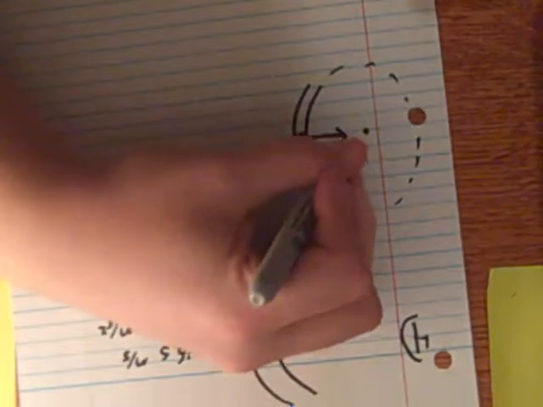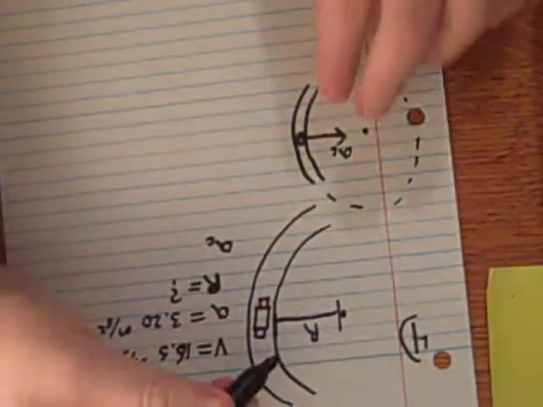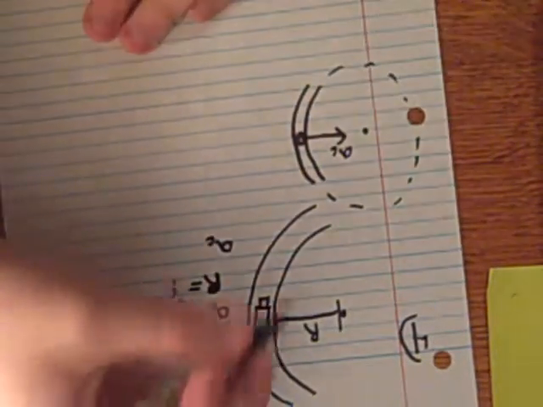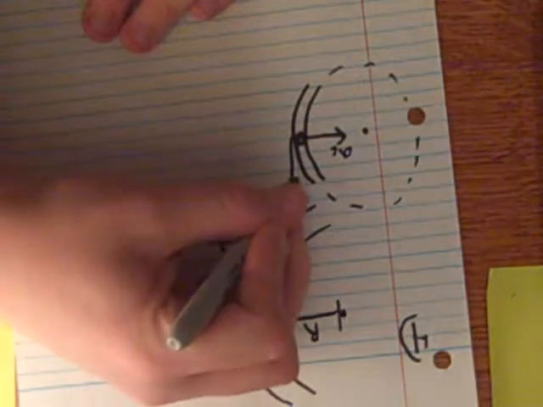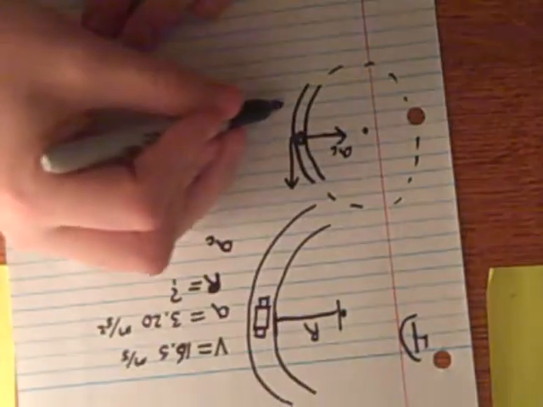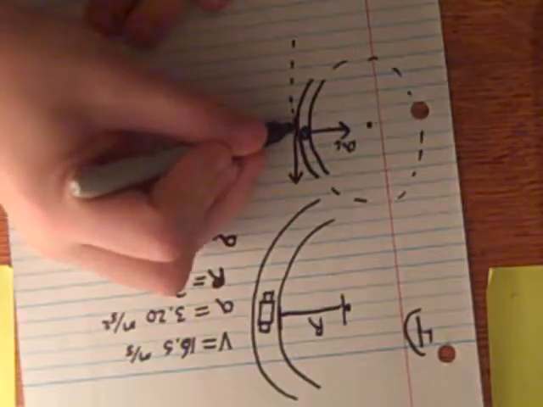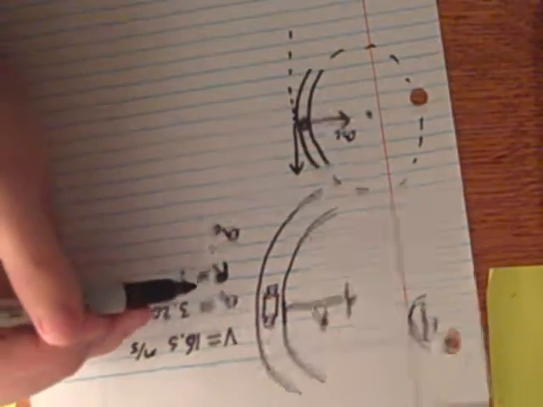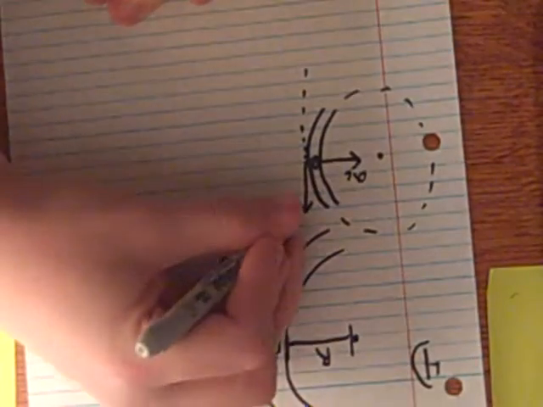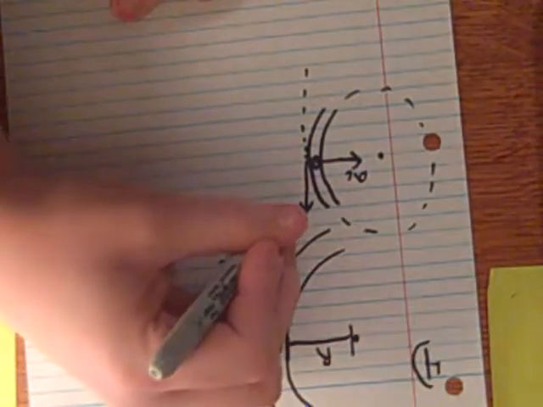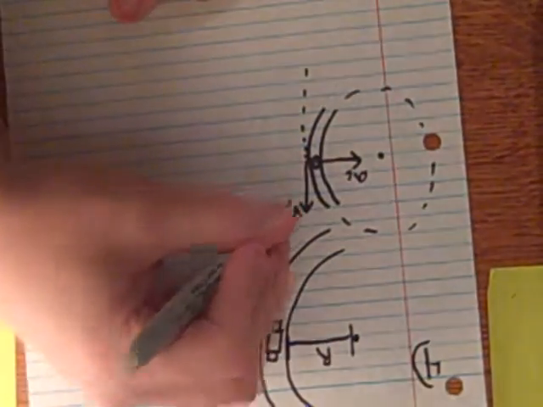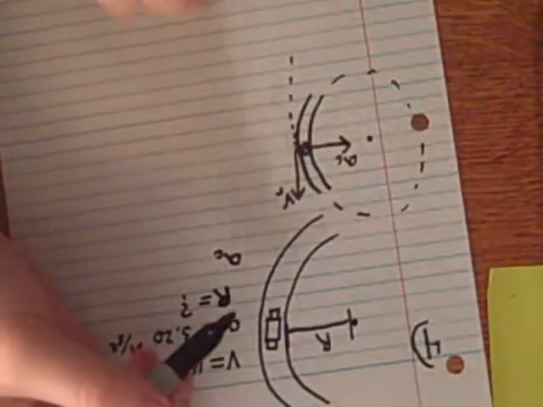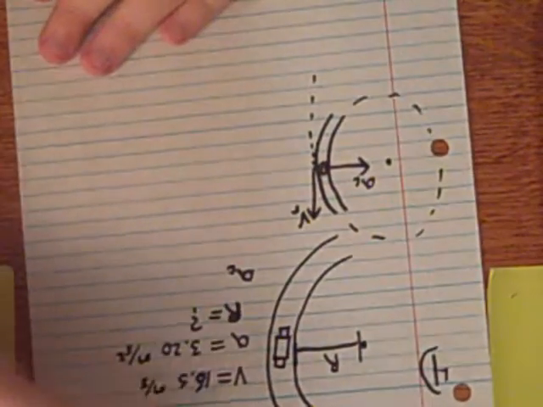And we call that the centripetal acceleration. And their velocity is tangential to the curve. And that just means it forms a straight line with the outside of the curve. So v goes this way, and the radial velocity and acceleration goes in towards the curve.